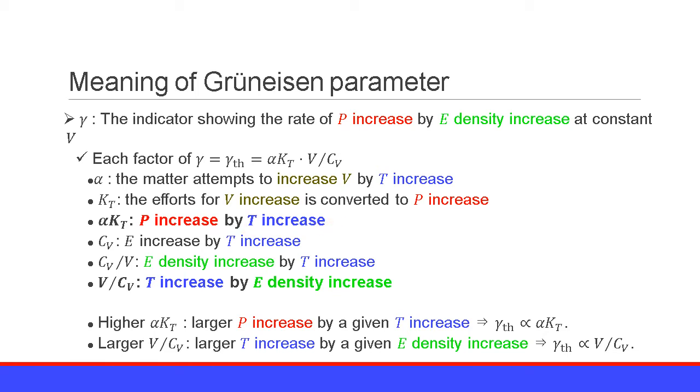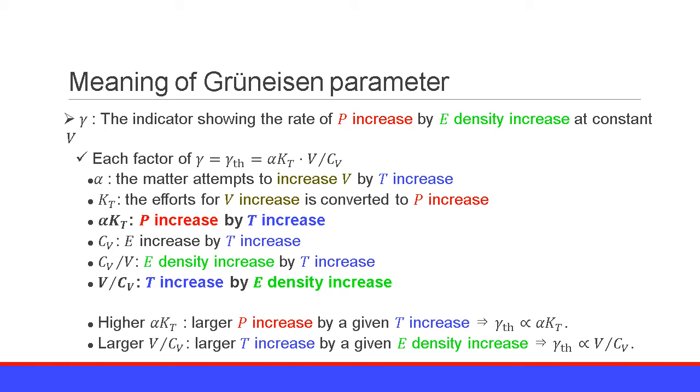On the other hand, the isochoric heat capacity C_V is energy increase by temperature increase, and C_V over V is energy density increase by temperature increase. Therefore, V over C_V is equal to the temperature increase by the internal energy density increase.